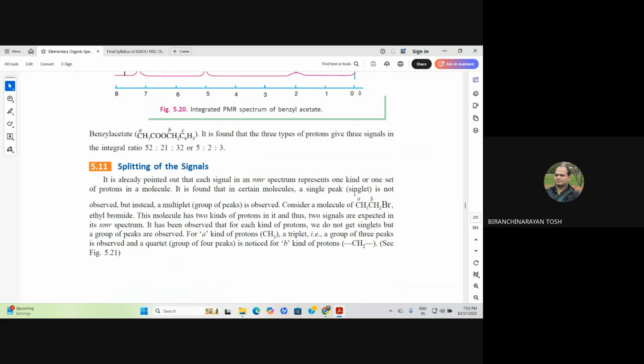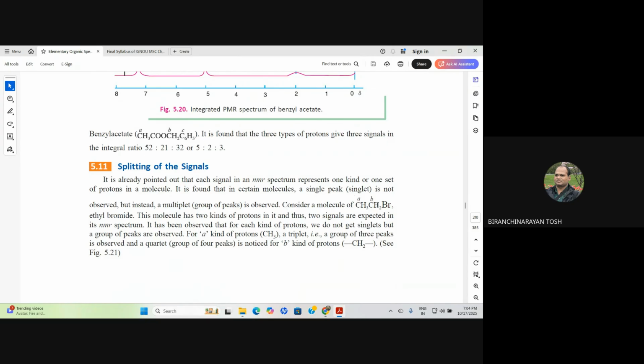That means a singlet is not observed, but a group of peaks, a multiplet, is observed. For example, consider bromoethane or ethyl bromide. In this case, we have two different sets of protons: three protons of one kind and two protons of the other kind.